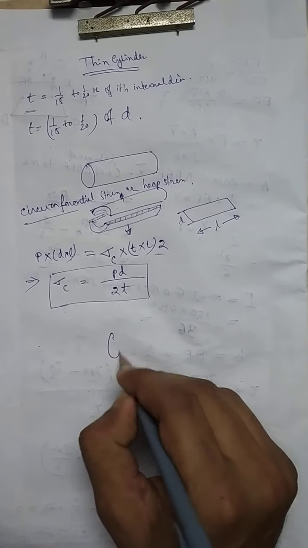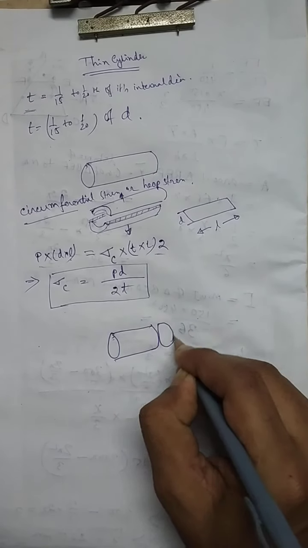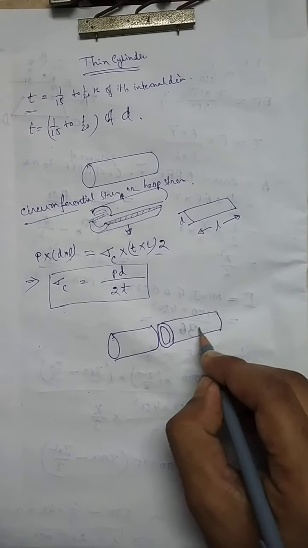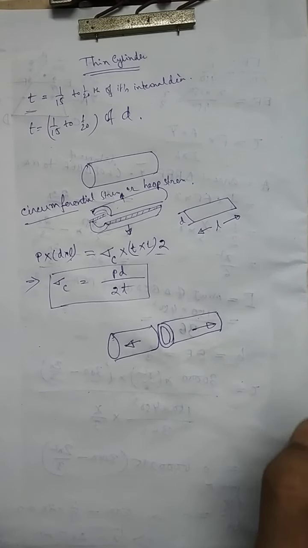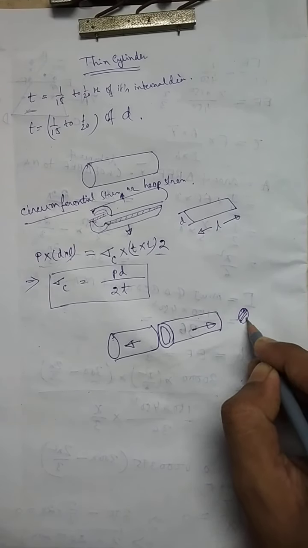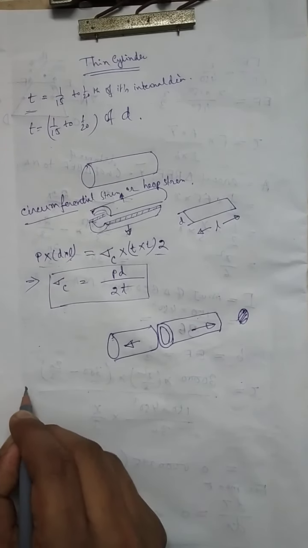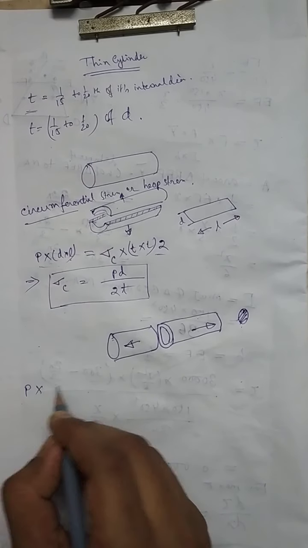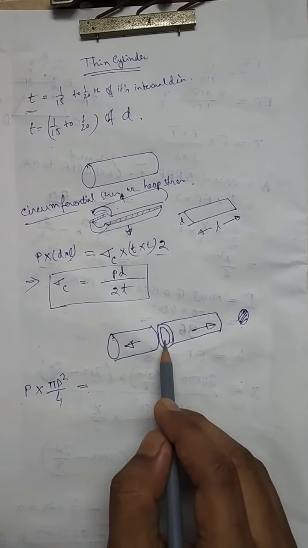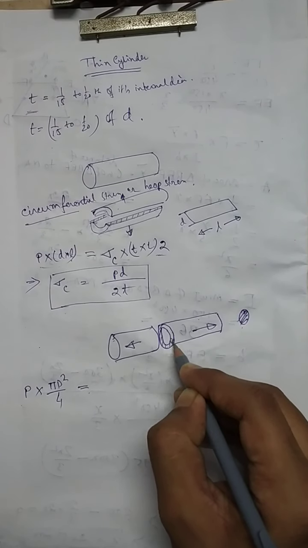Now there is another way the cylinder may be separated, longitudinally. In this case the force at the middle section is the internal pressure into this area, which is pi d square by 4, and that force exerted by the fluid is supported by the material in this region.